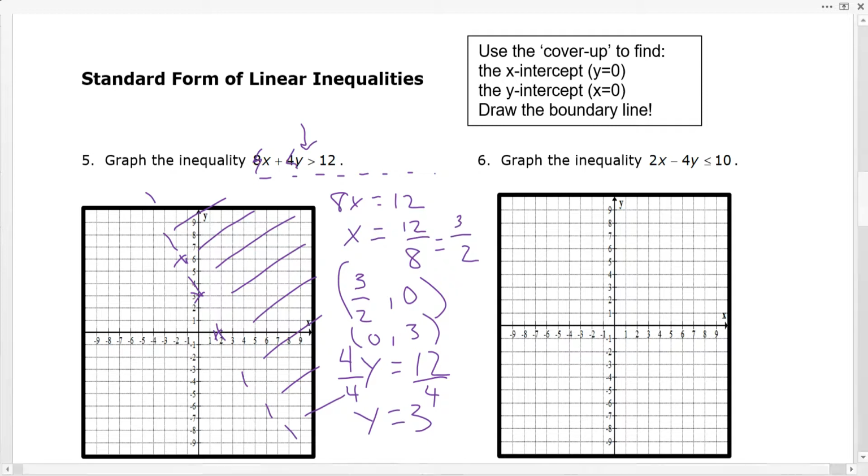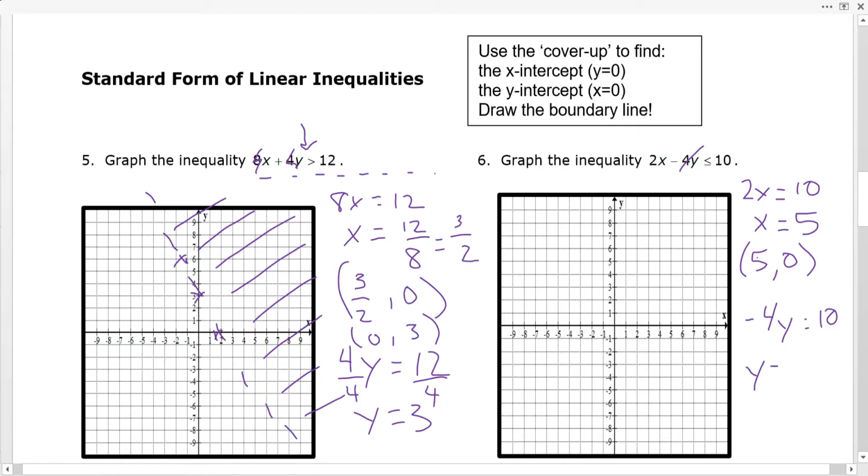Okay, number 6. This one's going to be a solid line. So if I cover up my y, then I have 2x equals 10, x equals 5. So I have a point at 5, 0. And if I make my x equals 0, then I have minus 4y.